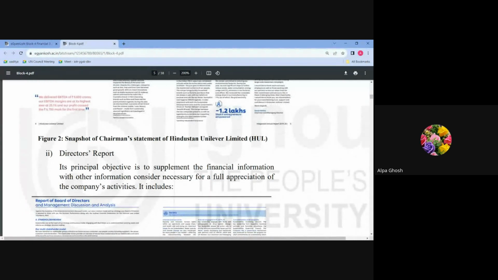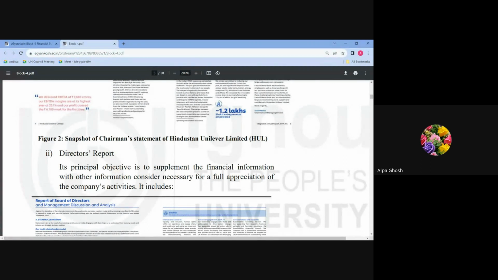Then we have the director's report. Other than the chairman's report, we have a director's report, which is a supplement to the information provided by the chairman.